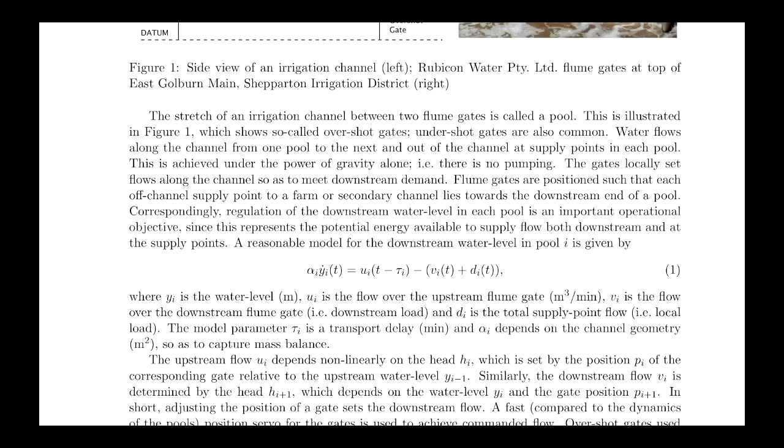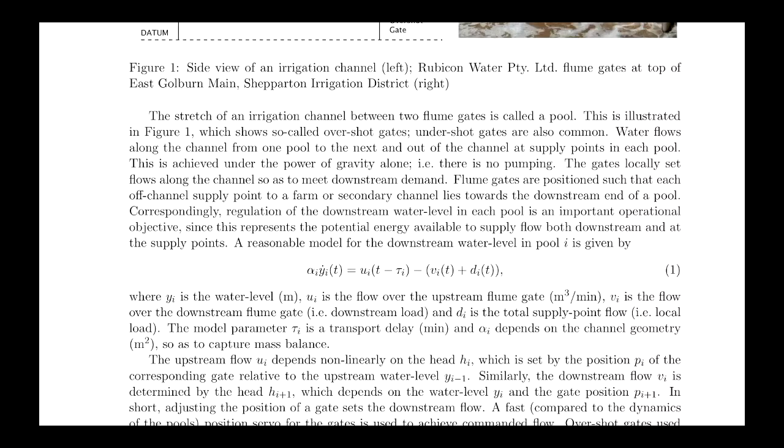Yep. Why is gravity not a function of these? Well, it does arise in the partial differential equations that really describe the relationships between these variables. But this is an approximate model that we're just going to use for control system design, and it's based on conservation of mass.